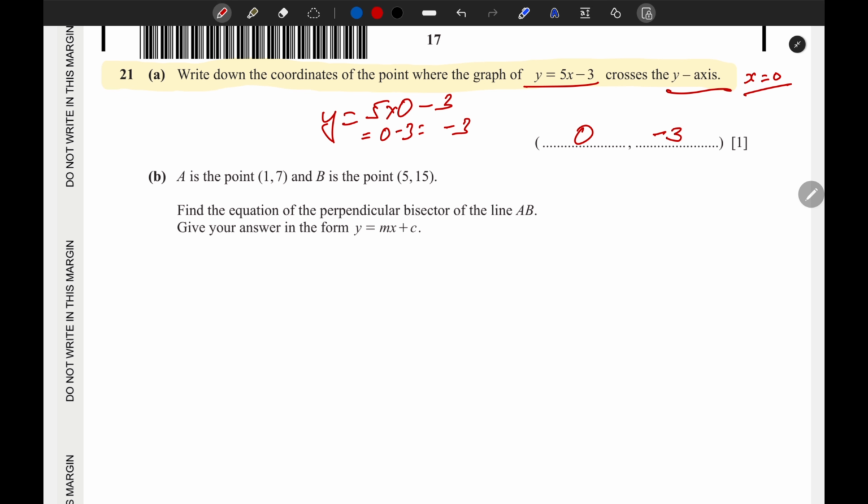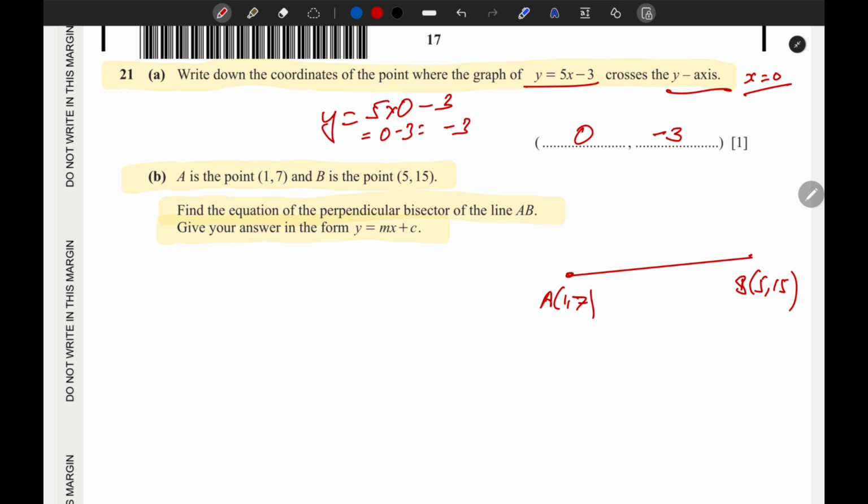Okay. Now the B part. A is the point 1 comma 7 and B is the point 5 comma 15. Find the equation of the perpendicular bisector of the line AB. Give your answer in the form y equals mx plus c. For reference, you can consider this line as AB. This is A, which is 1 comma 7, and this is the point B, which is 5 comma 15.